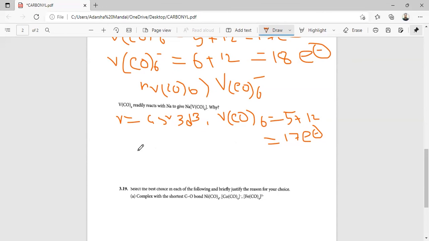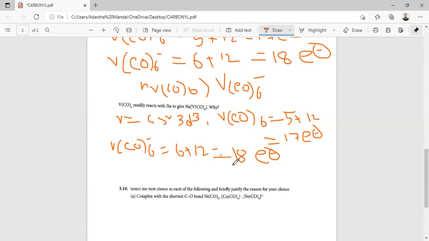But when it readily reacts with sodium, it goes to Na[V(CO)6]. This is the V(CO)6 minus anion, so here the total electron count is 6 plus 12, that means 18 electrons. So in Na[V(CO)6] vanadium has a total of 18 electrons, so it is more stable compared to V(CO)6.